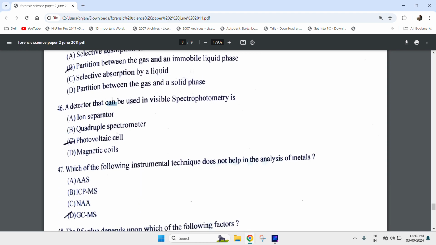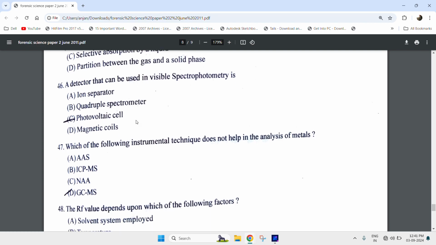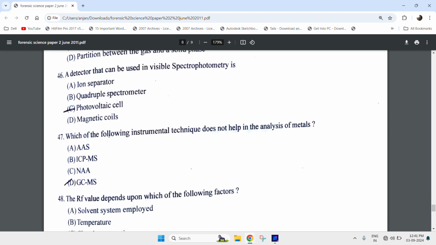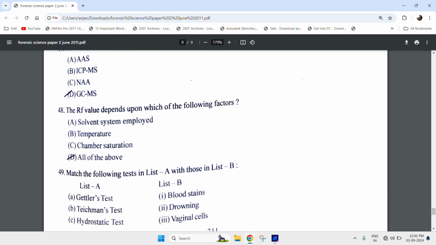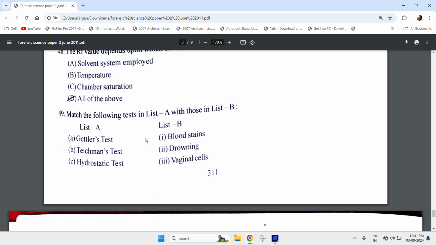A detector that can be used in visible spectrophotometry is photovoltaic cell. Which of the following instrument techniques does not help in the analysis of metal? GCMS. The Rf value depends upon which of the following factors? All of the above: solvent system employed, temperature, chamber saturation.